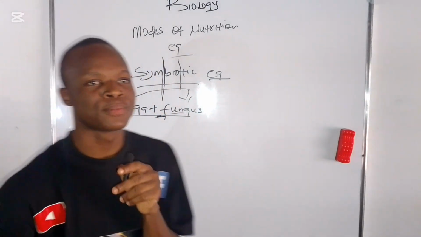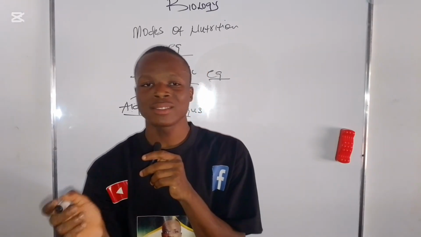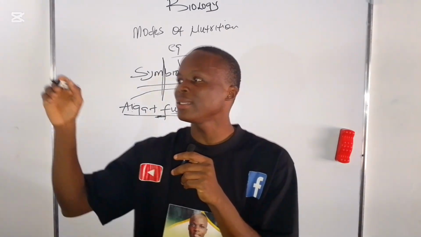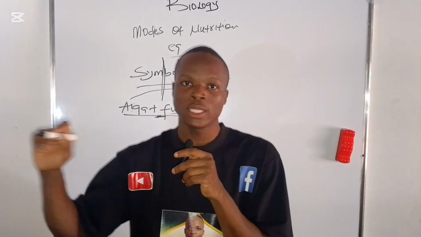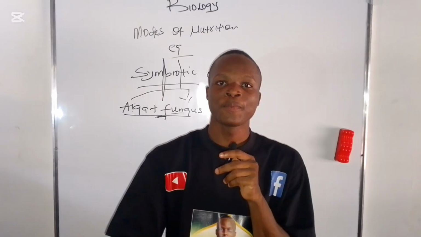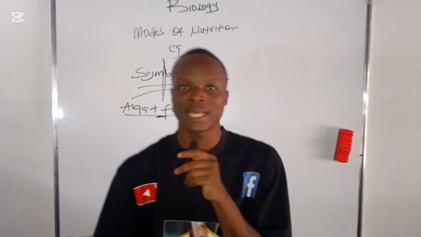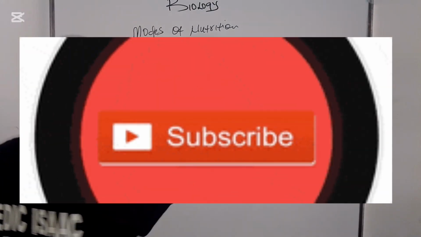So next is ants and flower. Do you understand? The ants carry pollen from one flower to the other flower, while the flower gives them nectar, or they come to that place because they suck sweet nectar. So have you seen? None of them is being harmed. Do you understand?